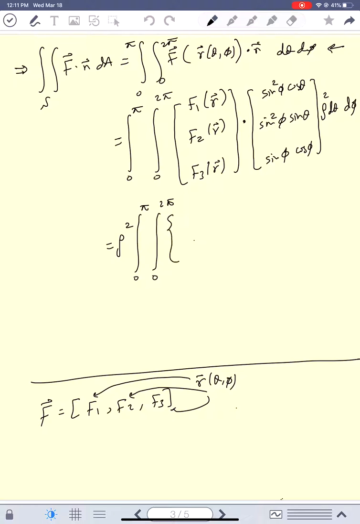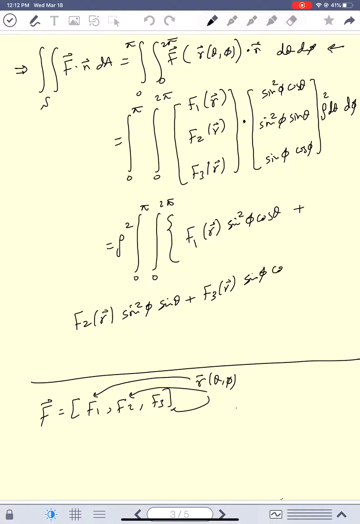And what is the integrand? It's just f1 of the parameterization times sine square phi cosine theta plus f2 of the parameterization times sine square phi sine theta plus f3 of the parameterization times sine phi cosine phi, all of this d theta d phi. Okay?